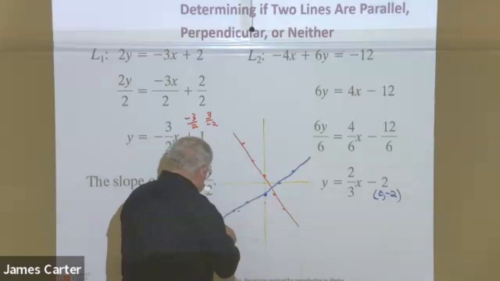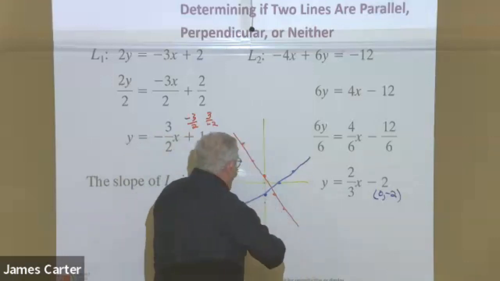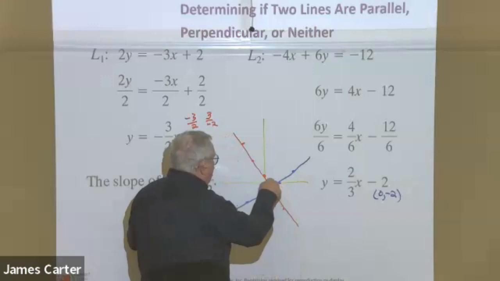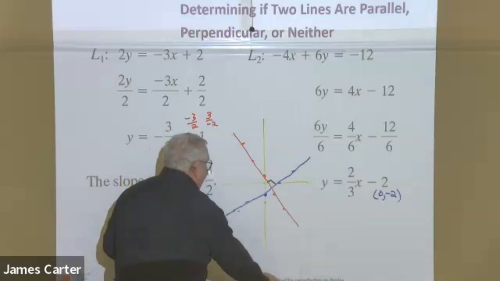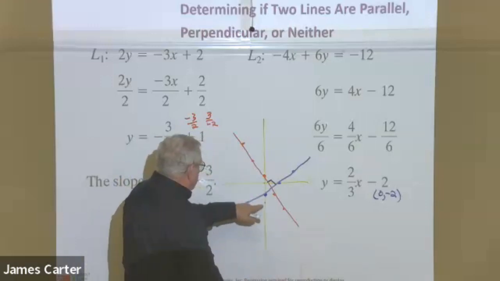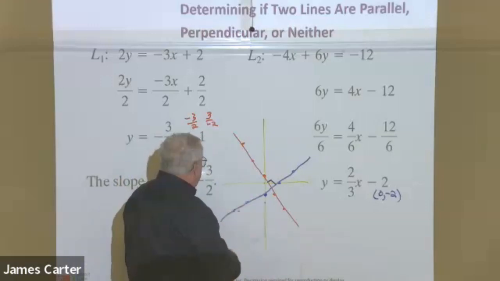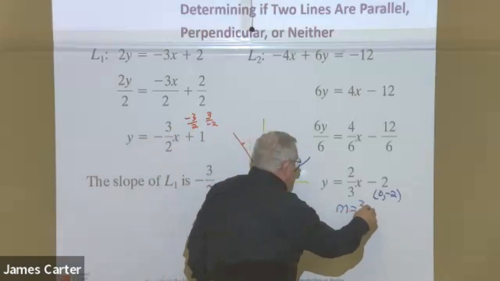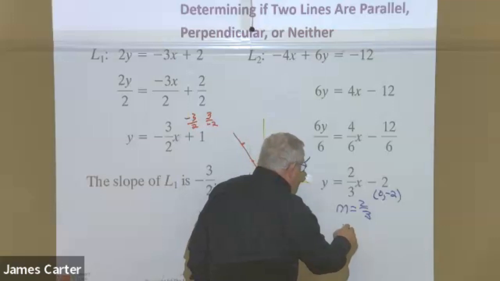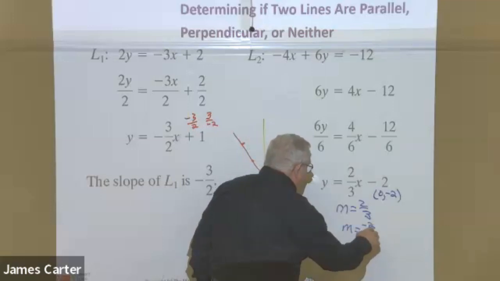Now, if we measure these two lines, they meet at a right angle. Now, you might ask, how did I do this going down part from this m equals +2/+3? Well, you can also write this as m equals -2/-3.